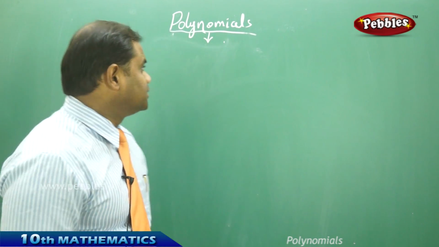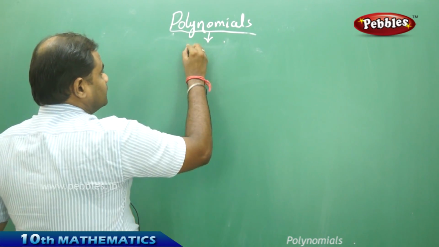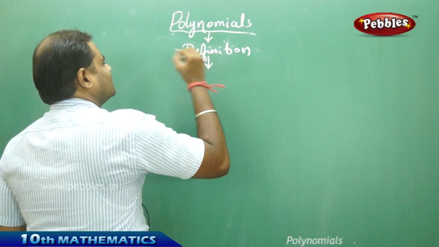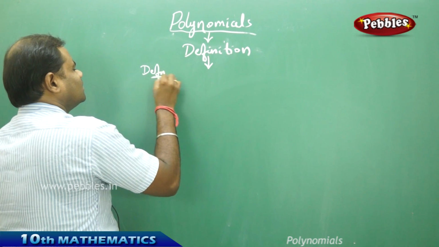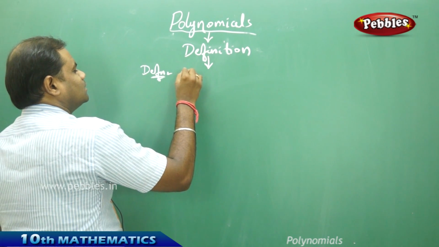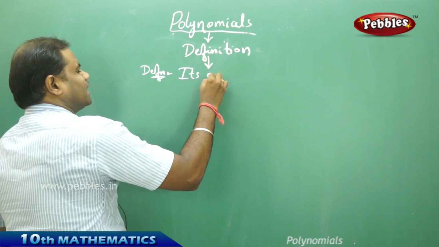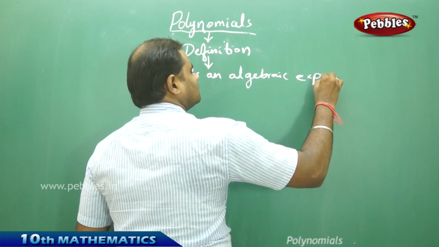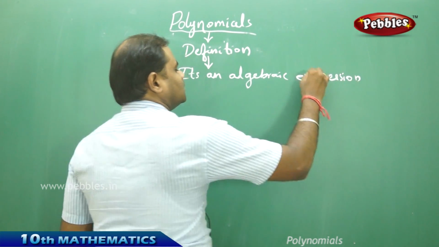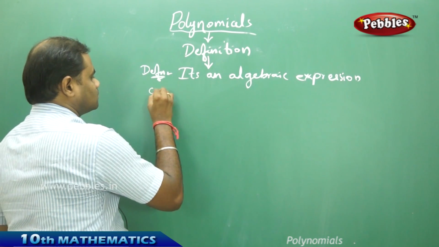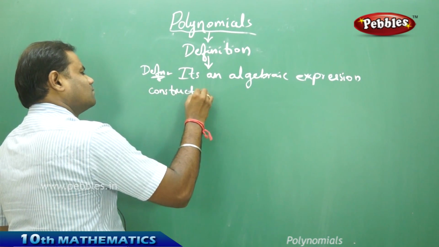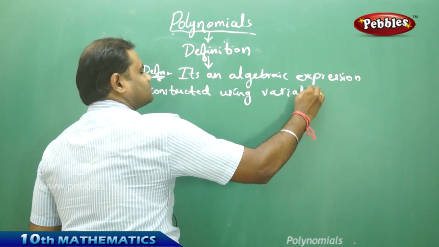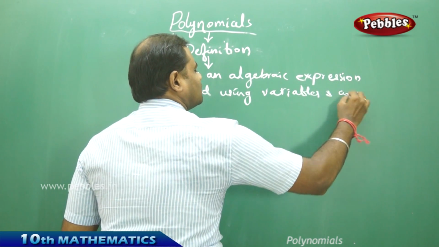To start with the definition: a polynomial is an algebraic expression which is constructed using variables and constants.